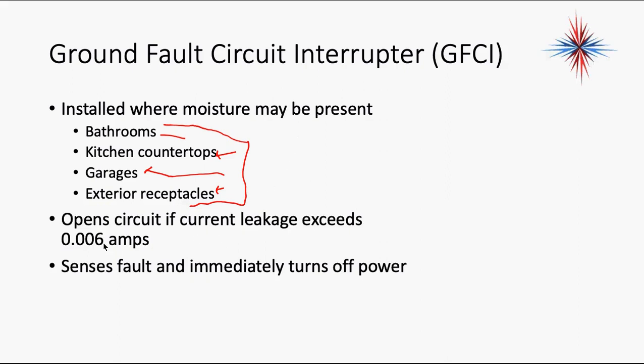It opens the circuit if you have a circuit imbalance of basically 0.006 amps. So again, if we think about line 1 and neutral, we have a circuit with a light bulb here.